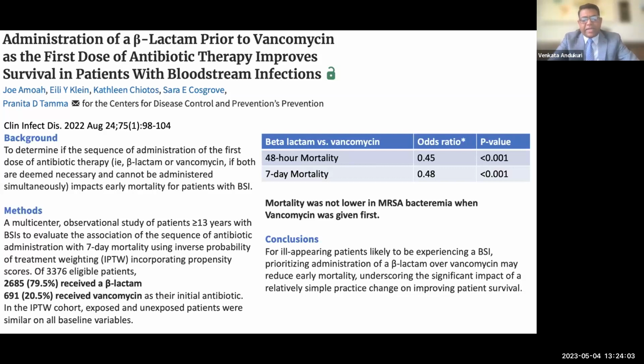That kind of reduces the endotoxin production there, because obviously we are attacking those bacteria sooner rather than later. In case of gram-positive cocci, it doesn't really matter which we give, because they don't produce endotoxin. And as you know, gram-negative sepsis is far more dangerous compared to gram-positive. So that's the reason why apparently beta-lactam should be given first, and it works faster and better and reduces mortality in this case.